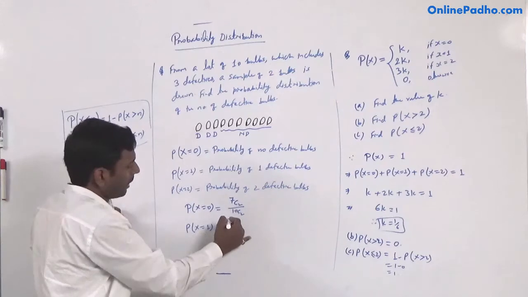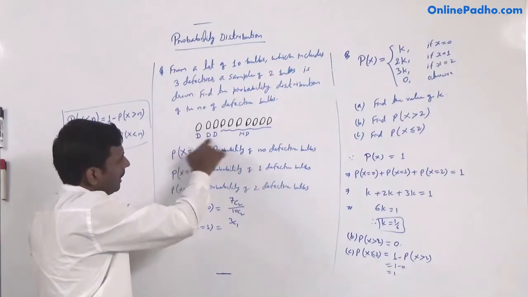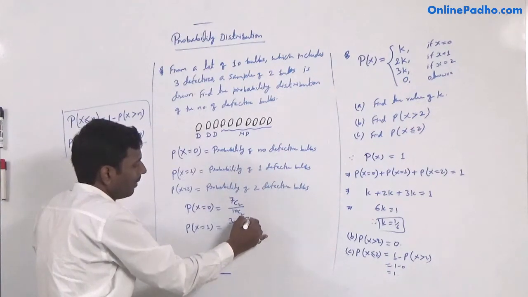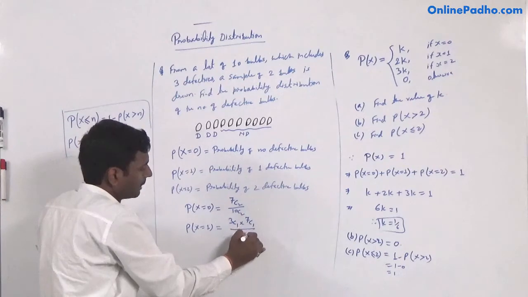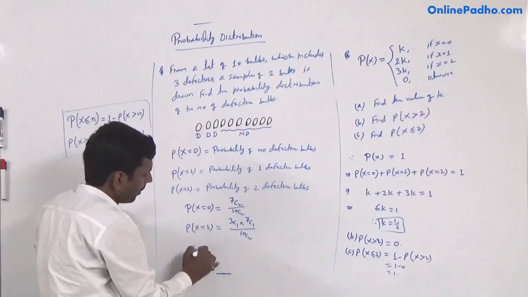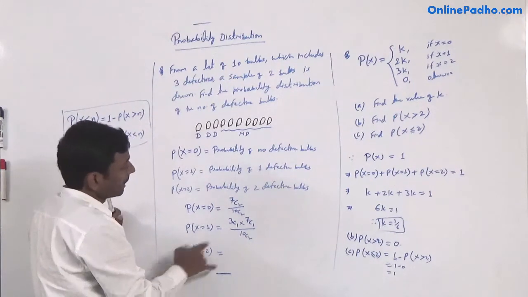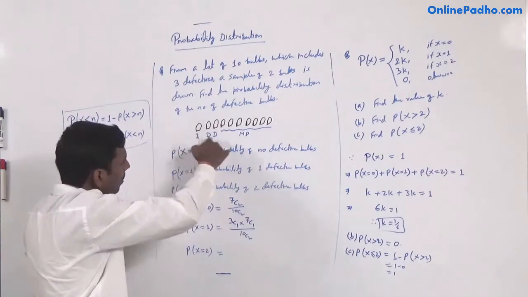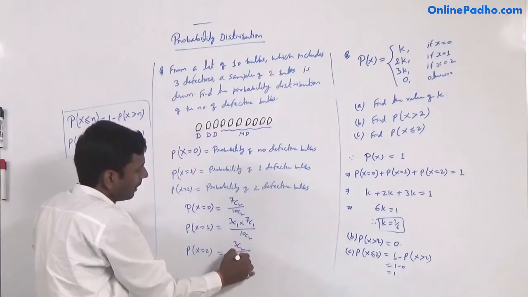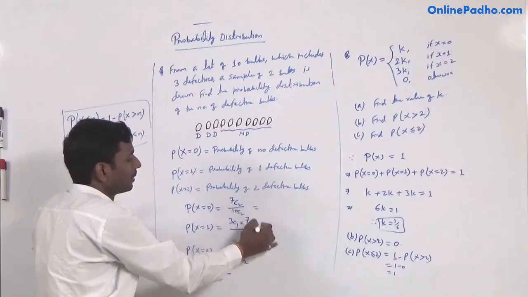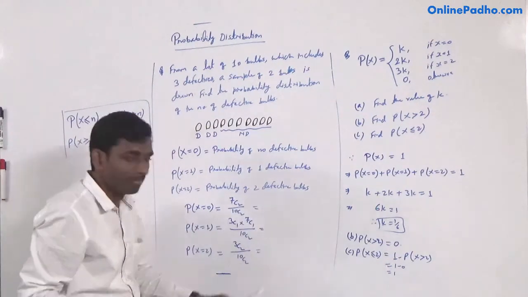What about 1 defective bulb? We are selecting 2 bulbs in which 1 is defective: we have to select 1 out of these 3, and 1 from the non-defective bulbs, and the total is 10C2. What about probability of x equal to 2? It will be probability of 2 defective bulbs. We have to select both the bulbs from the 3 defective. It will be 3C2 by 10C2. Right? We have to simplify these combinations, and you must get their sum as 1.